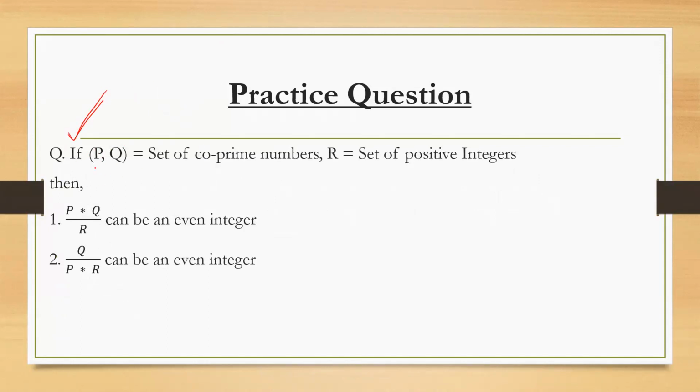Here you have P and Q is set of co-prime numbers. What does this mean, co-prime? When we talk about co-prime numbers, what do we mean? Difference to be 2.